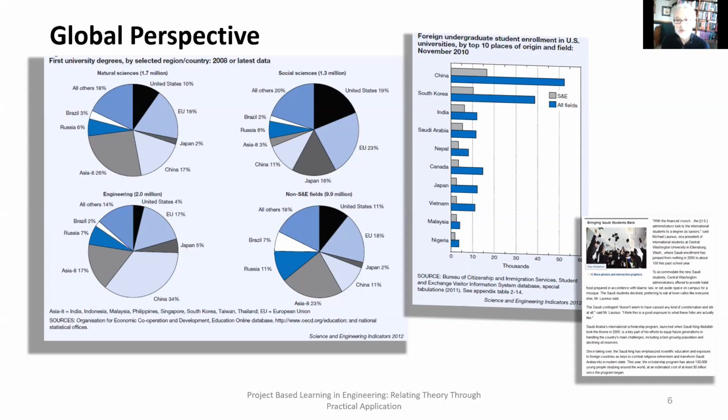I have another chart here from the same report, the one in the middle with bars. You can see the students coming to the United States to pursue studies are predominantly from these countries that do very well in engineering. So you would see that reflected in our programs. And I wonder how much of that is reflected in the pie chart here, these 4% engineering students. How many of them were actually foreign students?